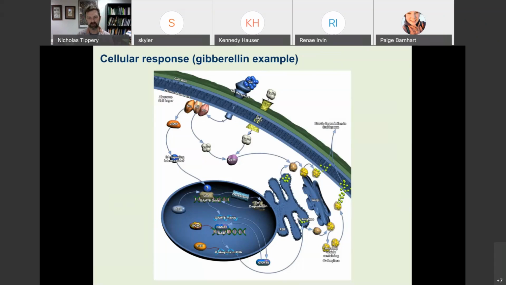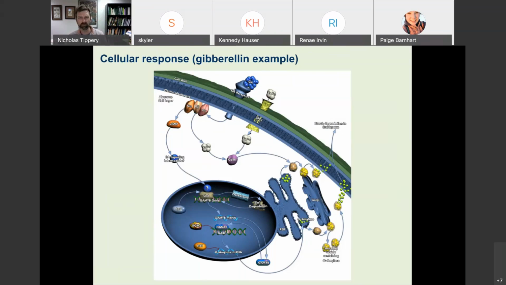And these arrows go, as we go through this pathway, to various parts, turn on transcription of genes, cause vesicle formation and molecules to be made. This alpha amylase molecule is a starch digesting molecule. And so that's all being produced and then exported, and this diagram is showing a process happening in seed cells. So gibberellic acid, one of the outcomes in this organism is to break down the starch in the endosperm.